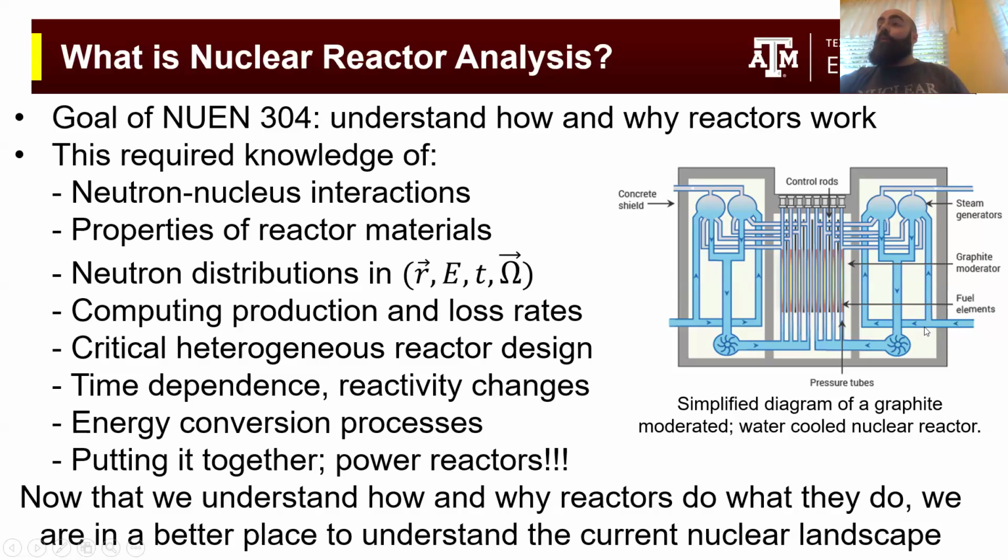It might be heavy water if it's a CANDU reactor. It might be some kind of gas like helium if it's a gas-cooled reactor. We also have reactors that use molten salts as their working fluid, but this is just some kind of fluid that is used to absorb or take on the heat from the fission reaction.